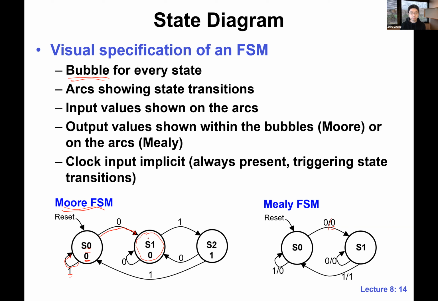That's where we are changing state. So that's how the arc is useful. You can use the arc to indicate that we are staying in the same state, or that we make a transition to the next state. So the arc basically tells us how to do the state transition.